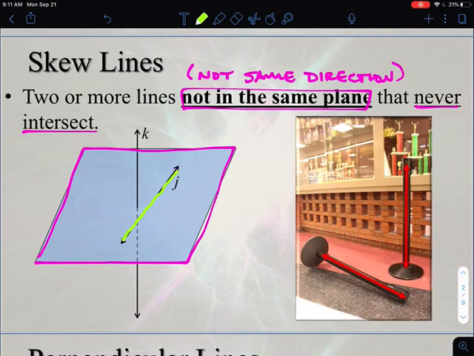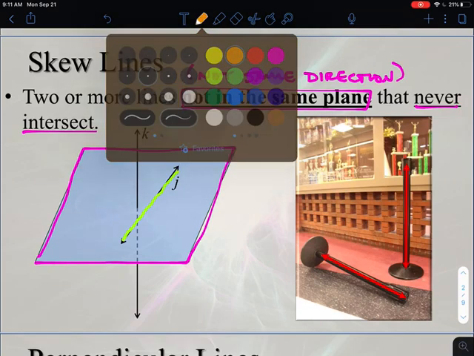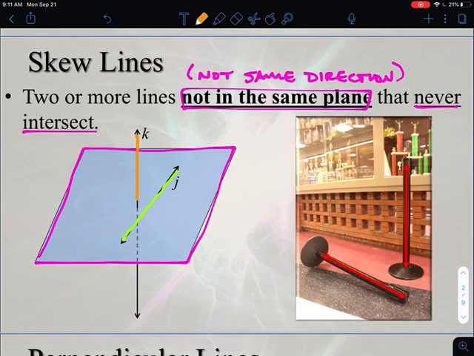So when I look at line J here, and I look at line K, they're not actually going to intersect, even though it somewhat looks like it right here. That's not actually a cross because the two lines aren't touching each other. The one's flat on your desk, the other one's passing straight through your desk.